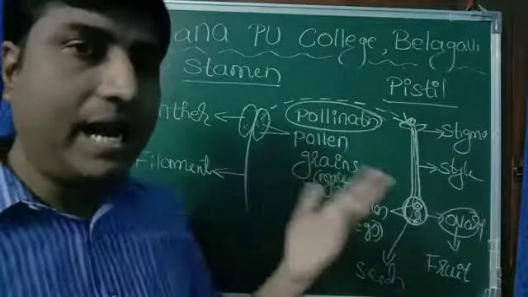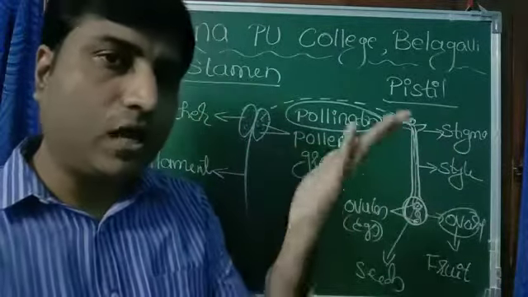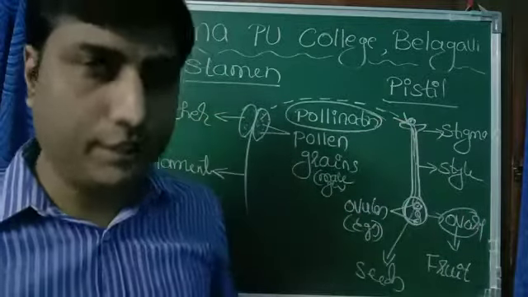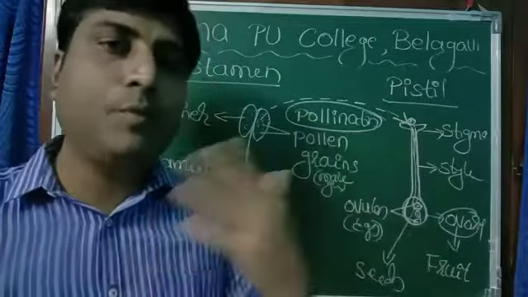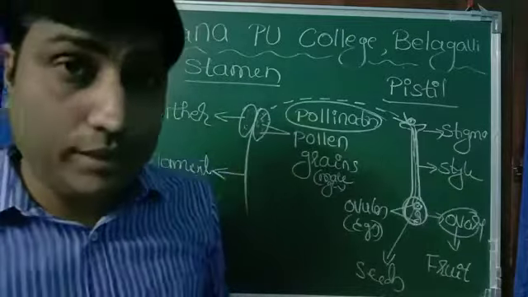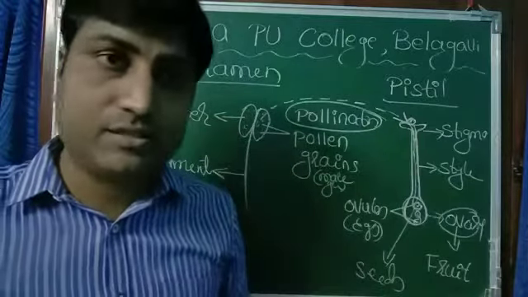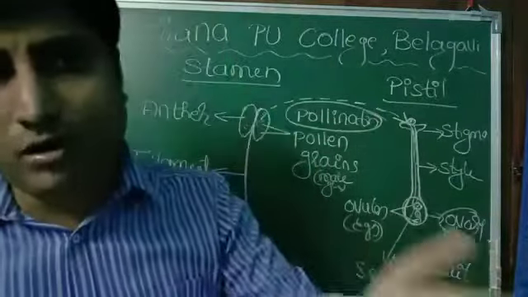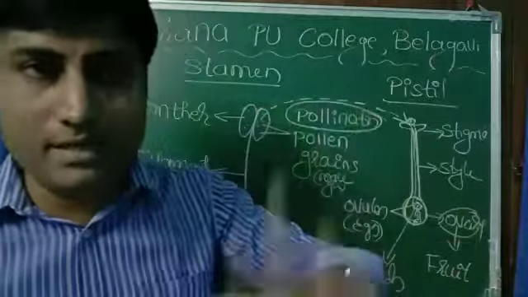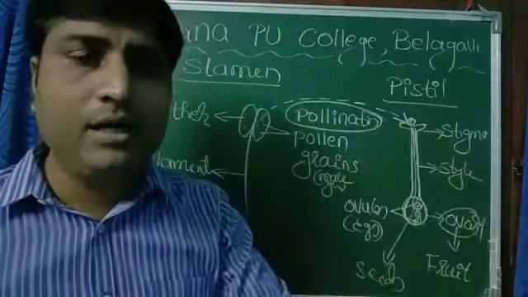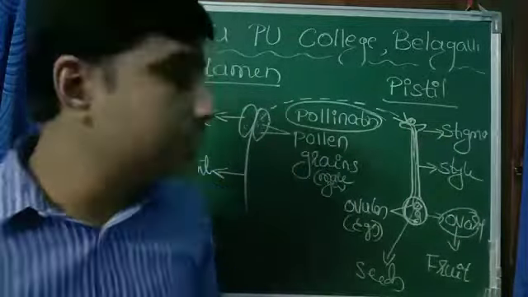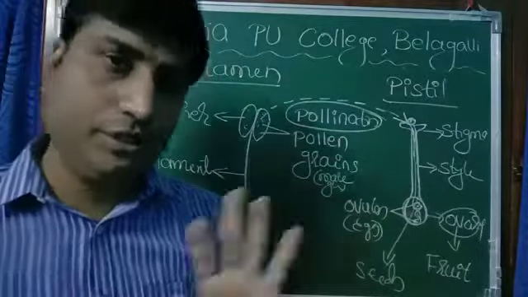Two plants cannot approach each other, or flowers cannot come together, so they need the help of agents for pollination. Pollinating agents can be wind, water, insects, birds, snails, or honeybees. There are numerous agents which help in pollination.